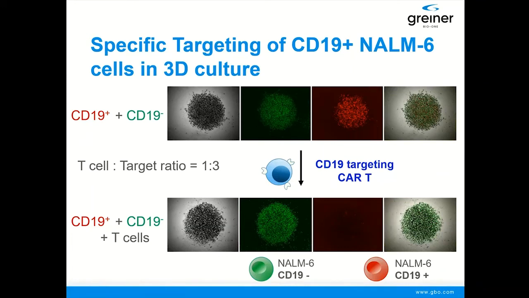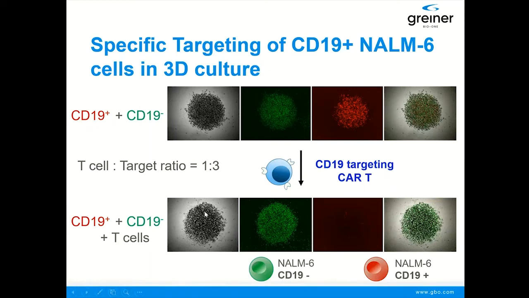So the goal here was to measure the specific targeting of CAR T cells on CD19 positive leukemia cells. So they're looking at CAR T immune cell, CAR T targeting.